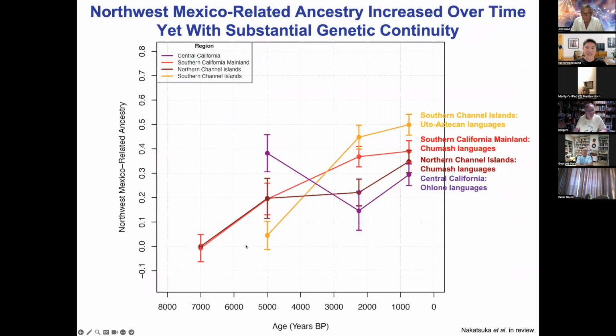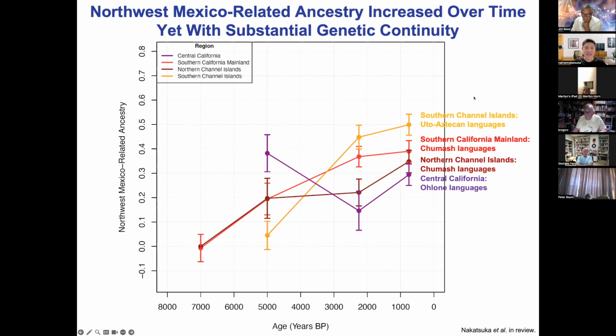On the y-axis is the amount of Northwest Mexico-related ancestry. On the x-axis is the age of the individuals. As you can see, the ancestry keeps increasing for all regions except for Central California. The Northwest Mexico ancestry starts slowly around 5,000 years ago, and then increases over time throughout California.